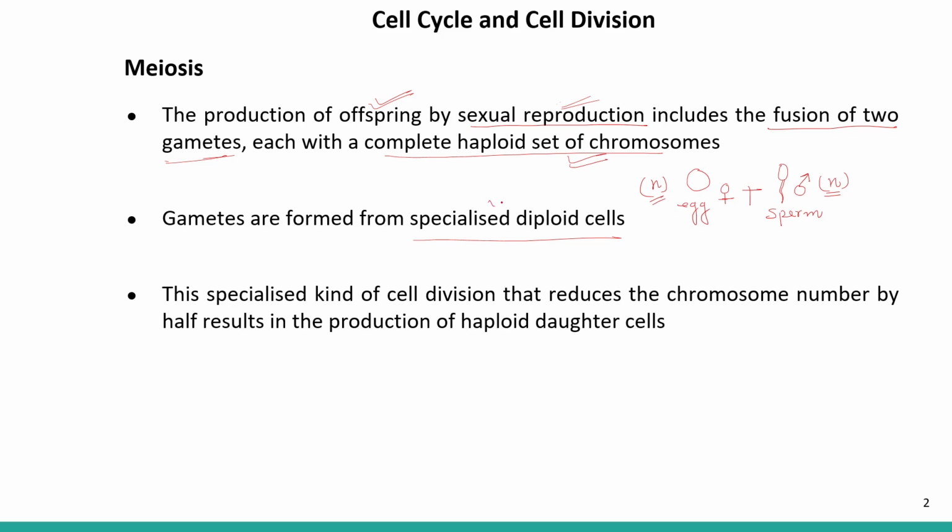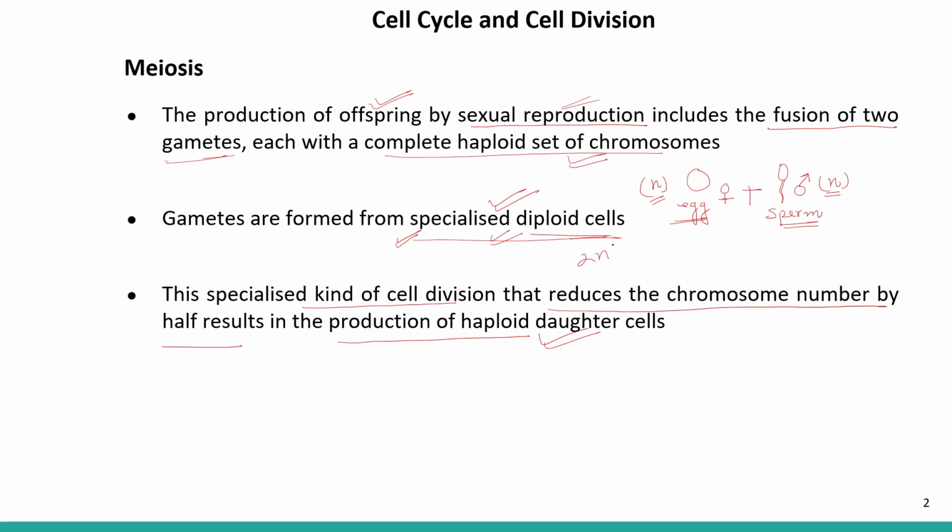So these gametes, the egg and the sperm, are formed from specialized diploid cells. They are special cells which are present in the male and female reproductive organs. This specialized kind of cell division that reduces the chromosome number by half results in the production of haploid daughter cells.